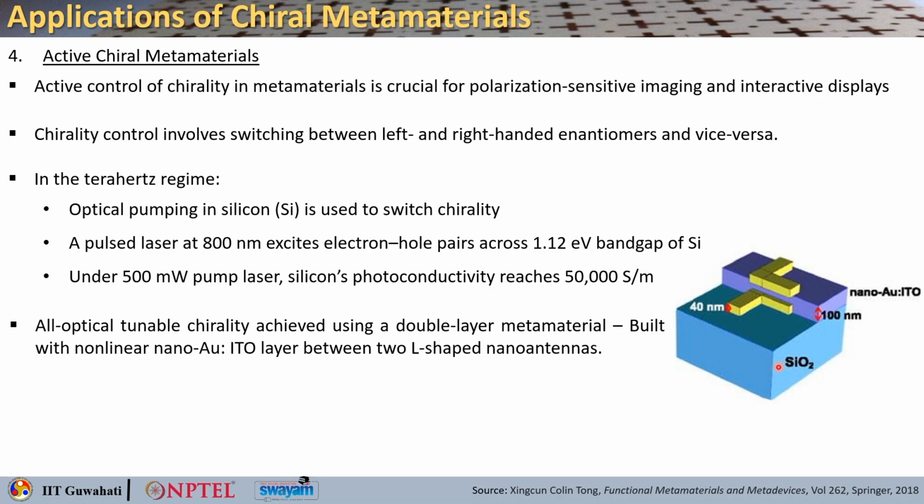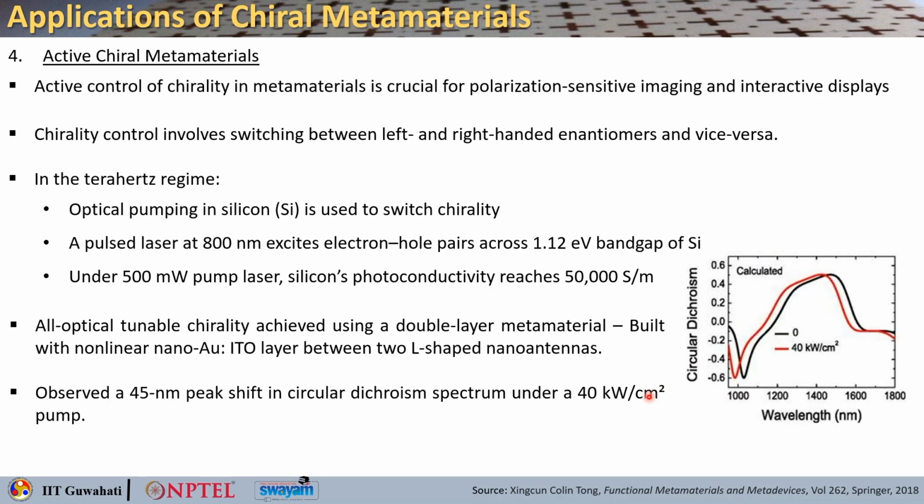So, what happens in this case, one can observe a 45 nanometer shift in the peak when you are looking at the circular dichroism spectrum, under a 40 kilowatt per centimeter square kind of pump.